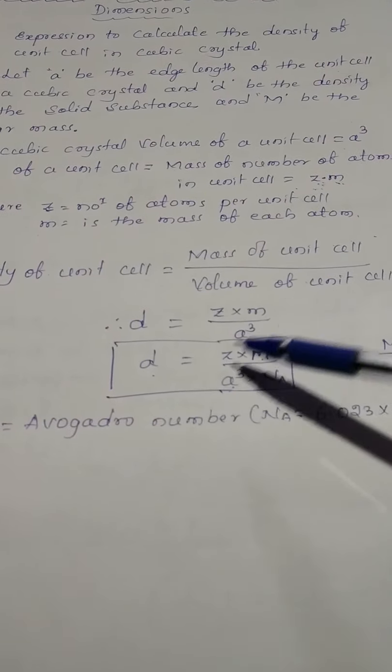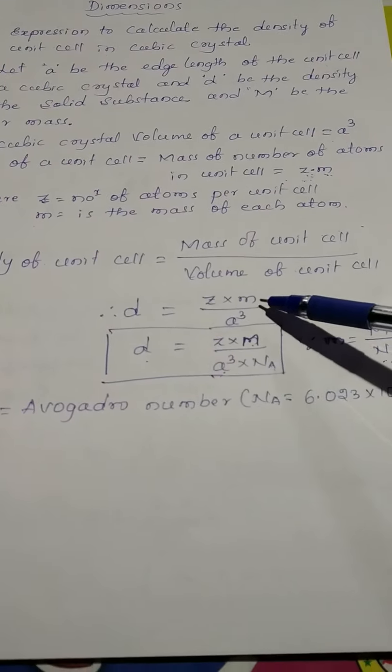Hence d is equal to... as we studied in the first chapter of first PUC, the relation between small m, capital M and Na: small m is equal to molar mass divided by Avogadro number. Substituting small m equal to capital M divided by Na, d equal to Z into M divided by a cube into Na.